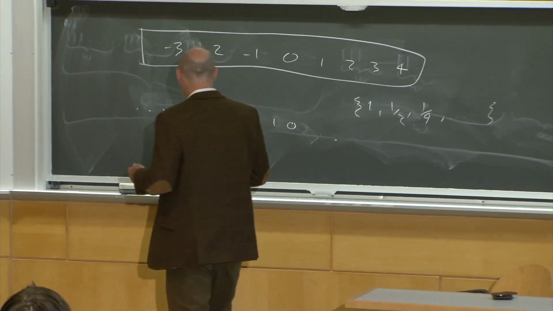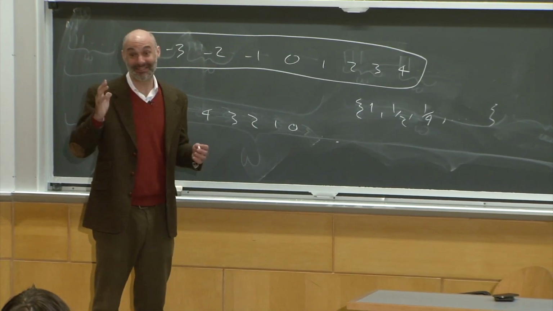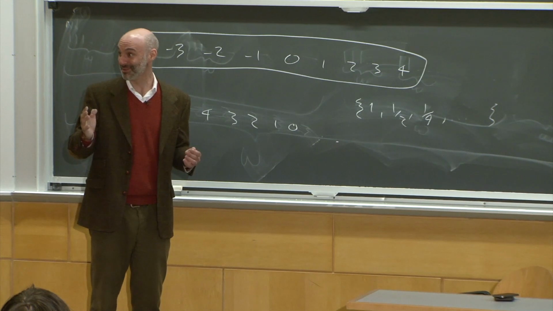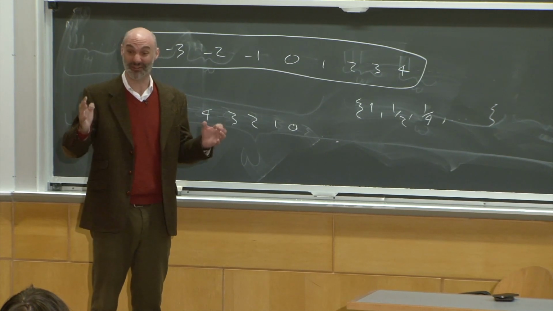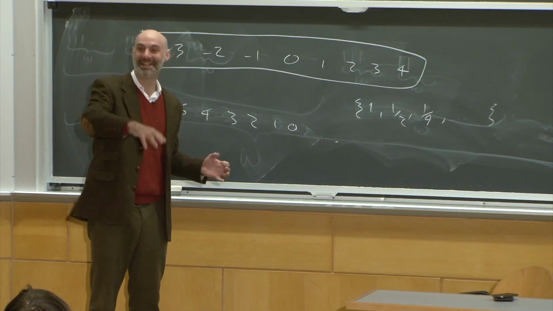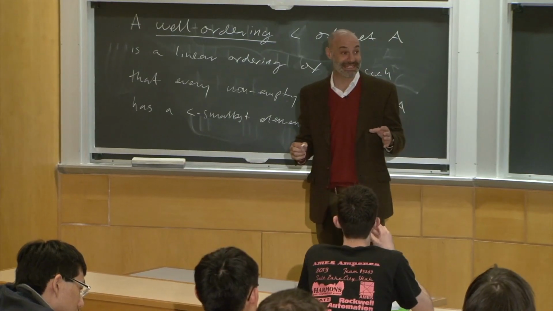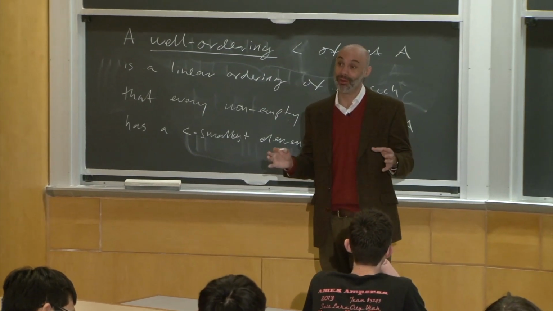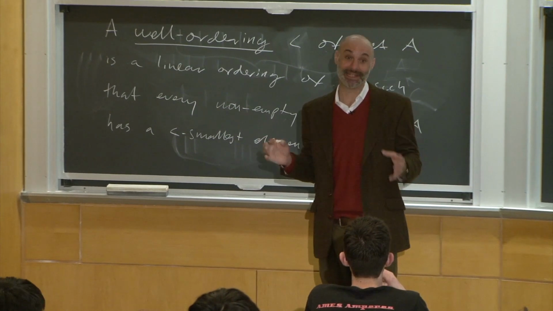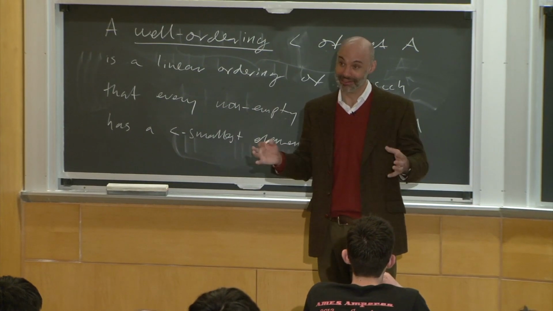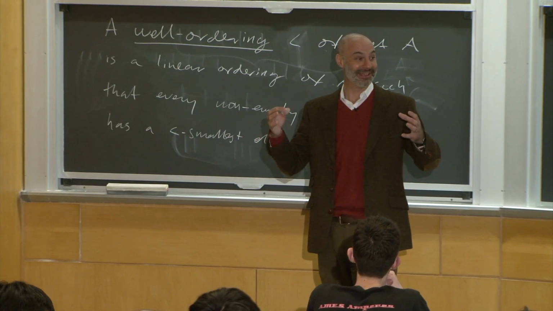So I'm going to give you an exhaustive list of the well orderings. I'm going to show you the shapes of all well orderings, or at least the first few, but you'll see the pattern. The simplest well ordering of all is the trivial ordering of the empty set. The empty set has nothing, so there's nothing to order.